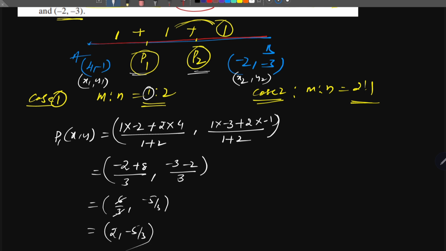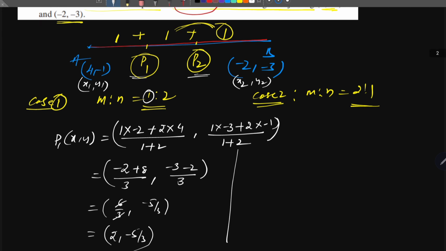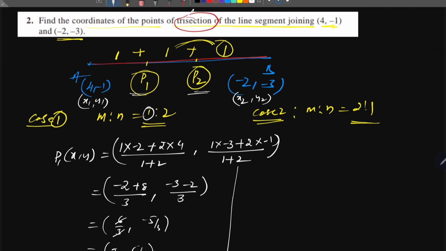Okay. In the same pattern, we'll apply case 2, where m is to n changes to 2 is to 1. So the formula will not change. The m value is 2 into x2 is minus 2, plus n value 1 into x1 is 4, divided by 2 plus 1, comma.